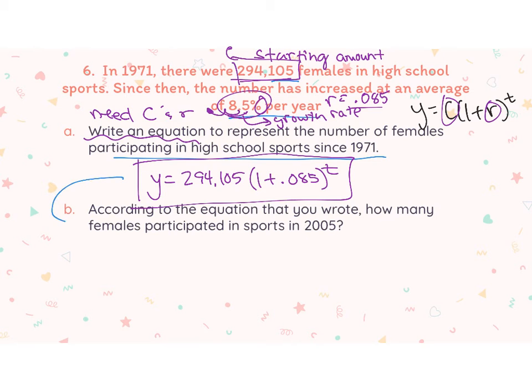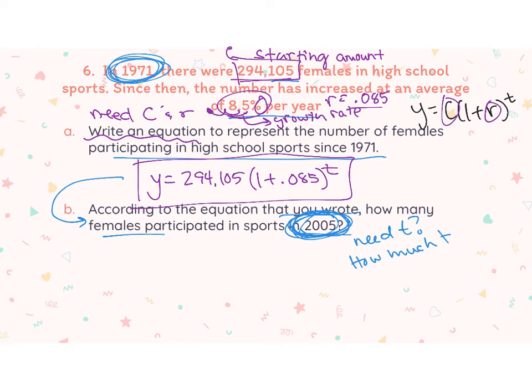Now we're going to use that equation in part B. It says, according to the equation that you just wrote, how many females participated in sports in 2005? Okay, so now in this equation, we need T. So the way we get T is we need to look at how much time has passed from the start time to the end time we're looking at. So that's what I need to ask myself.